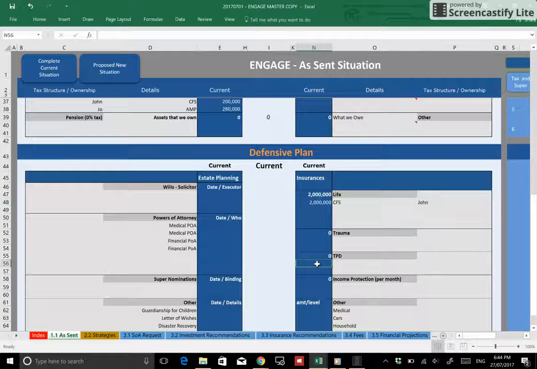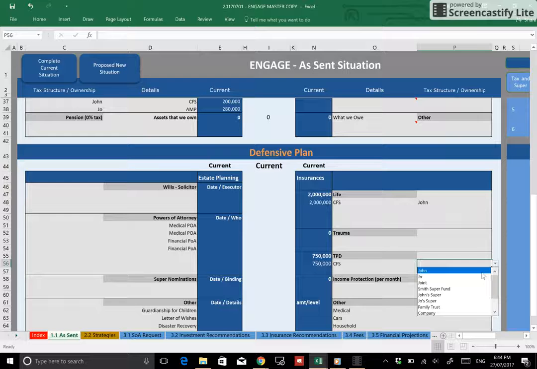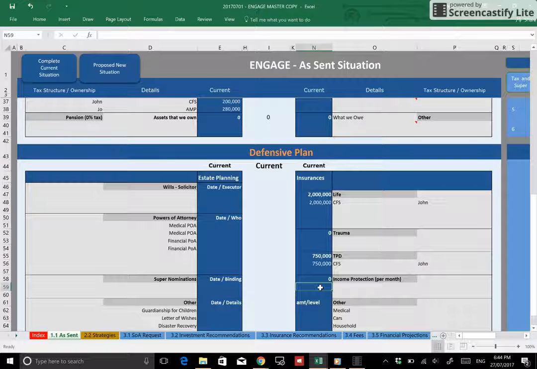He has $750,000 of TPD through Colonial First State, and he has his payment of, say, $1,000 a month through Colonial First State for his super fund.